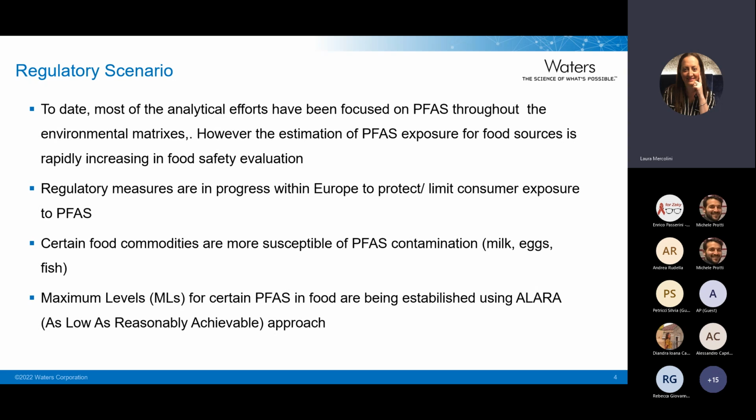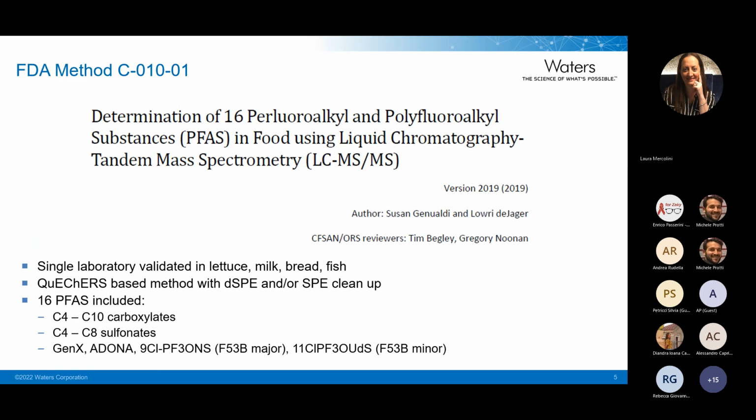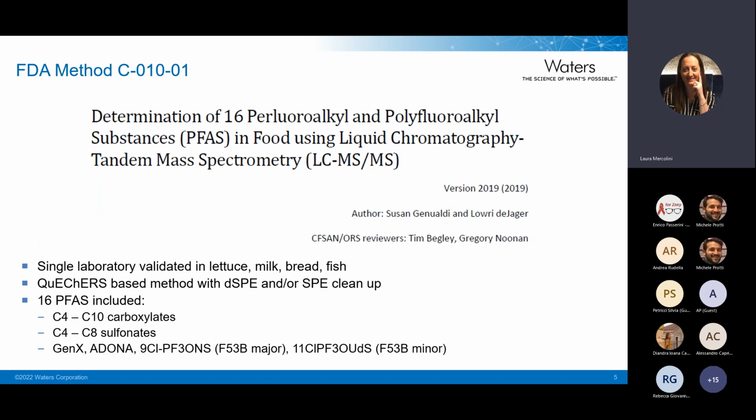Right now, there are no official limits for the determination of PFAS in food, just some recommendations. The first regulatory body to publish something about PFAS determination in food was the FDA in 2019. Their approach was to use QuEChERS, and they evaluated just 16 PFAS, carboxylated and sulfonated, and added some new congeners of PFAS.